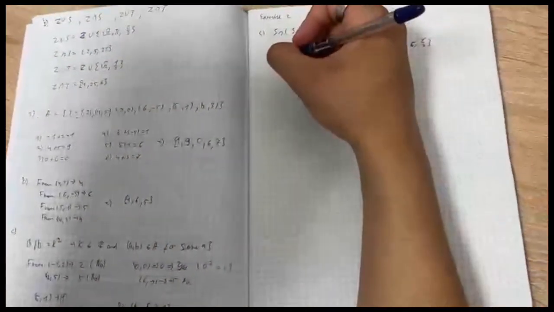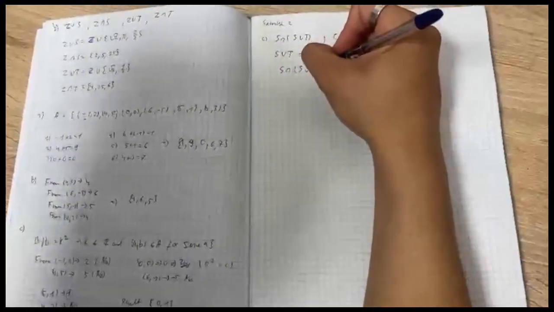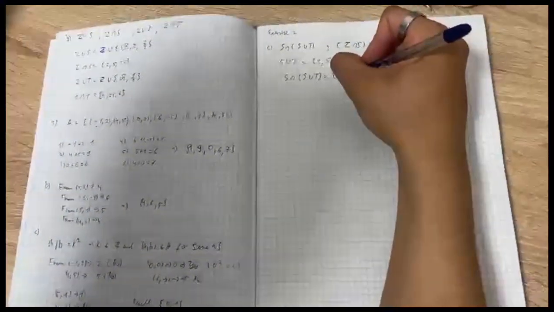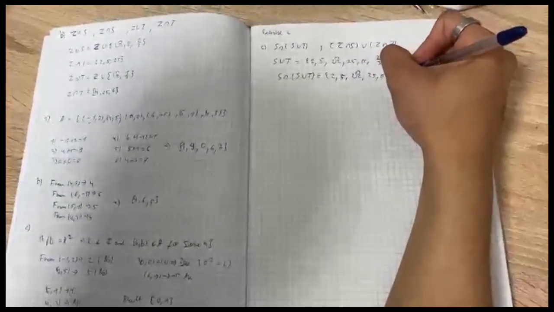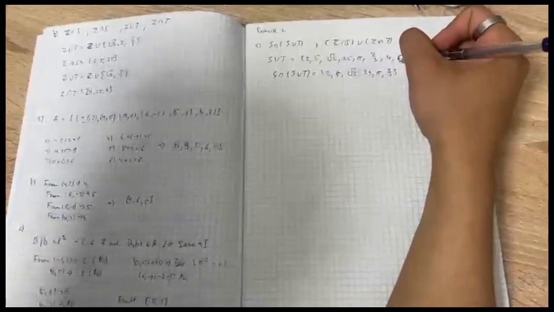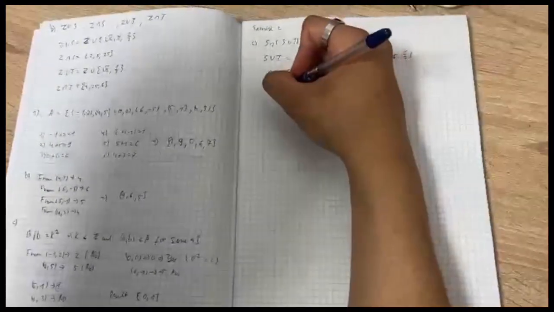So if we are doing this, the result is 2, 5, square root of 2, 25, T. So the result is just 6.